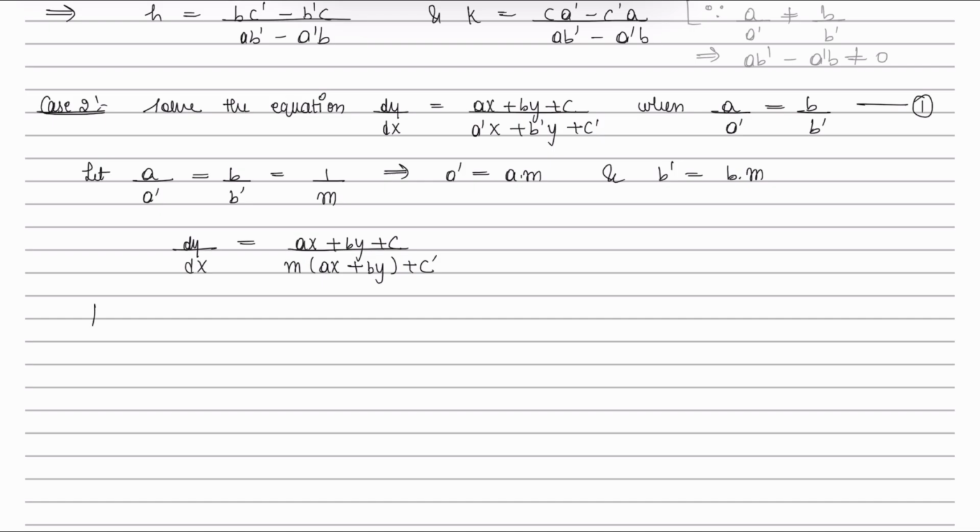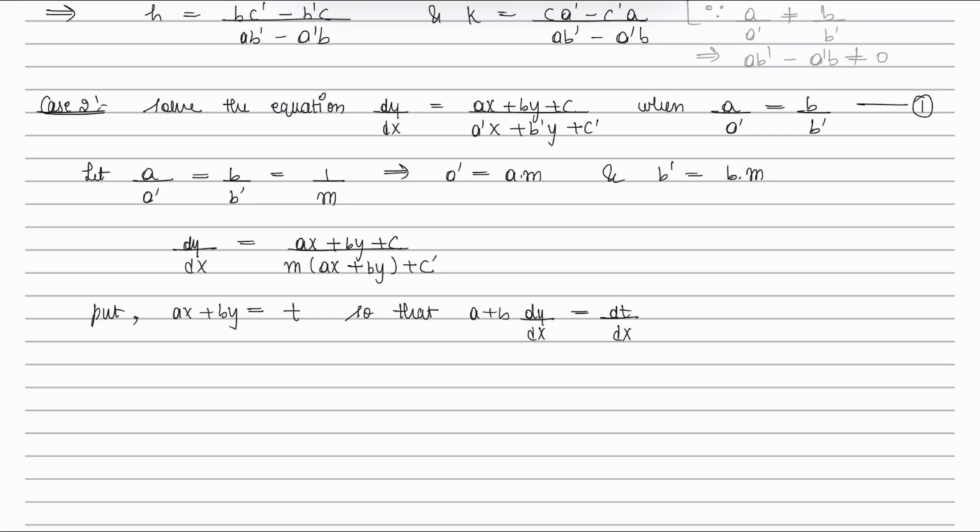And now we will put ax plus by equal to t, so that a plus b into dy by dx is equal to dt by dx, which will help us convert this into variable separable form.